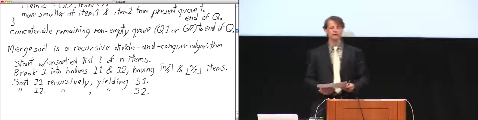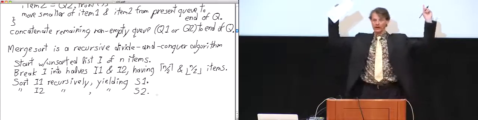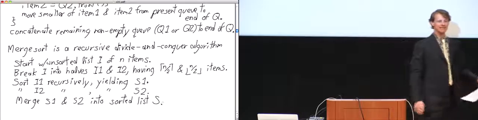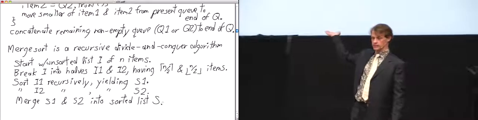And finally, we will use that merge routine that I wrote above to merge S1 and S2 together into one sorted list. I'll call that sorted list S. That's the output. And that's merge sort.